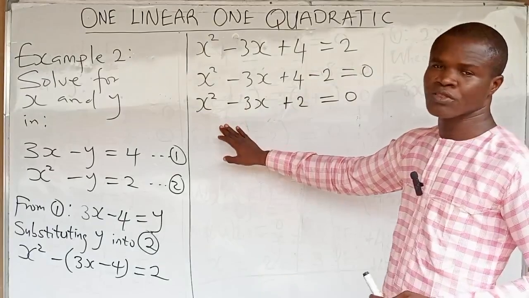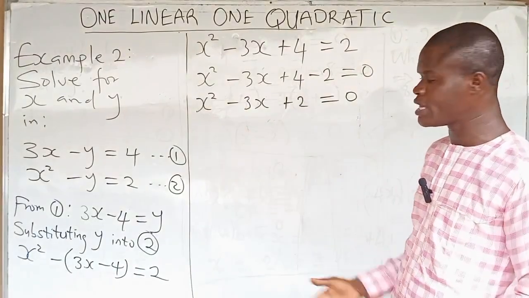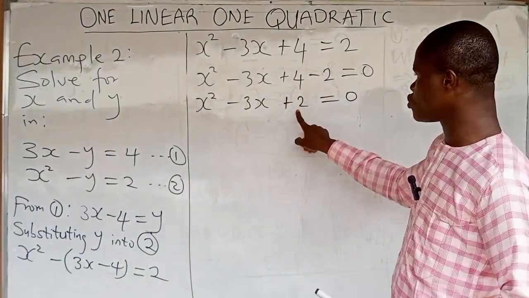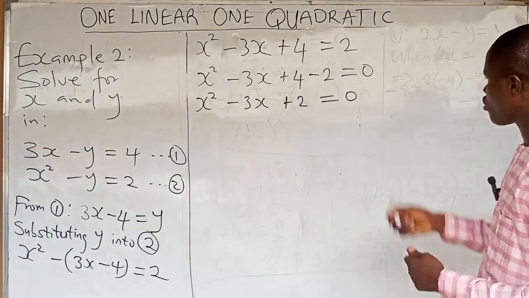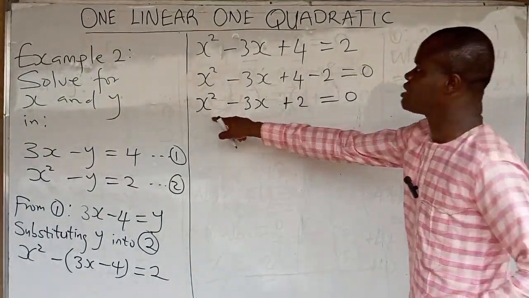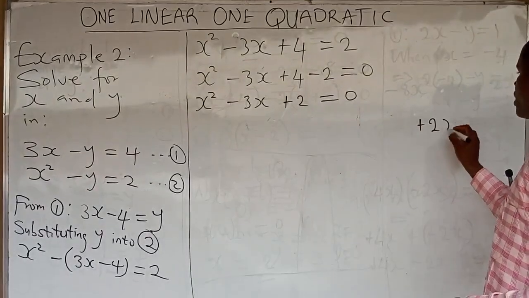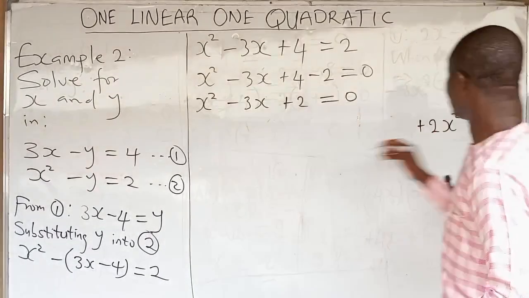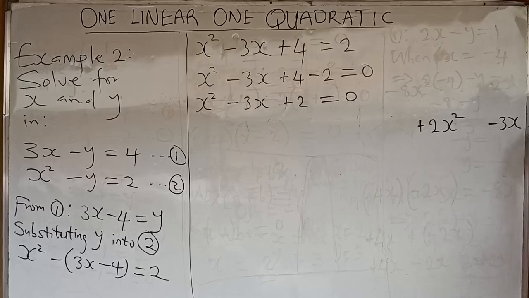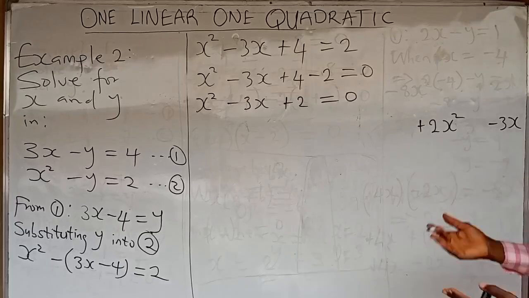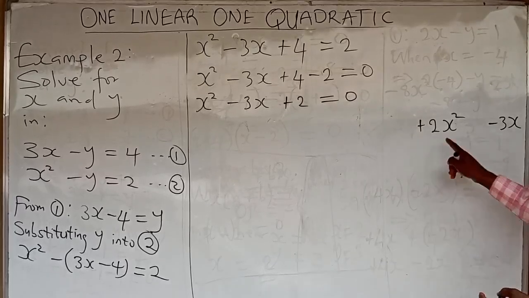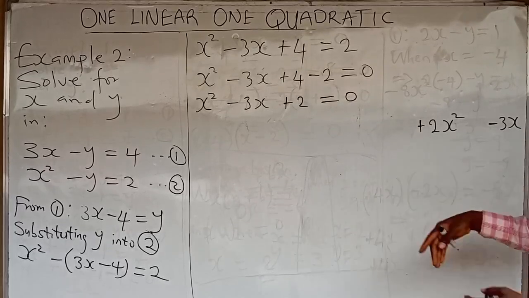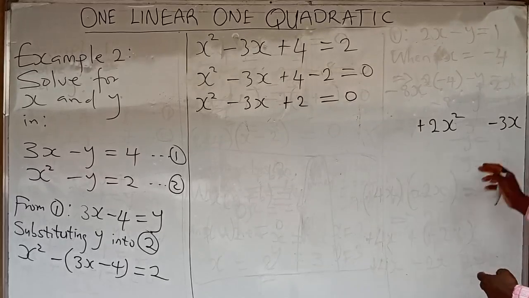So I want to solve this quadratic equation by the factorization method again. The next thing to do is to use this plus 2 to multiply x squared as a rough work, and plus 2 times x squared will give us plus 2x squared. Then this is minus 3x. So here we are looking for two numbers that when we multiply them, we get plus 2, and when we add them, we get minus 3.